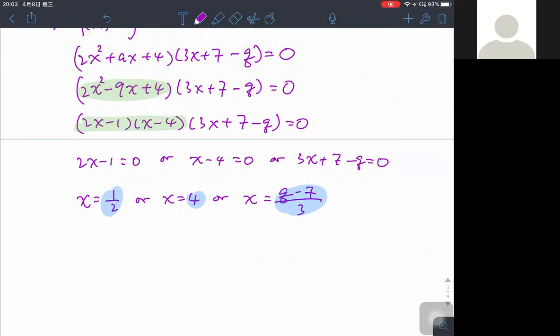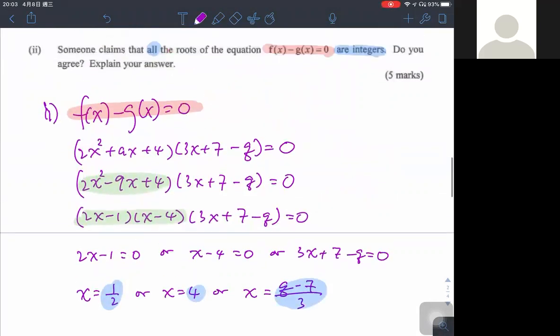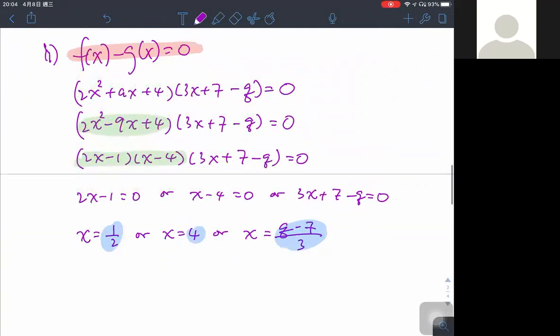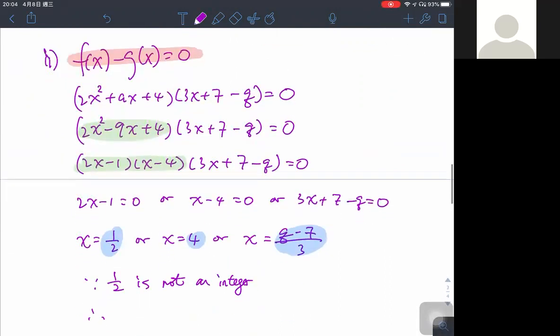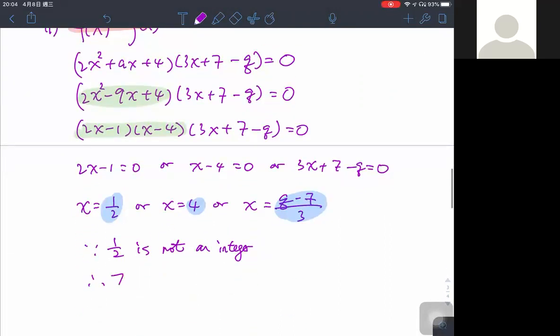Okay, therefore the claim is not agreed. How I can answer is just to put down: since 1 over 2 is not an integer, therefore the claim is disagreed. Okay, this is the explanation for this question.